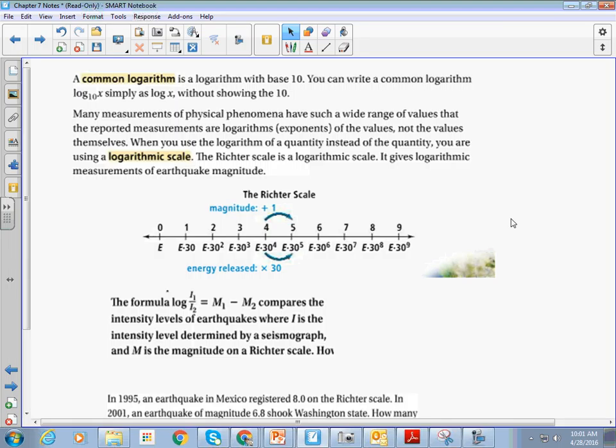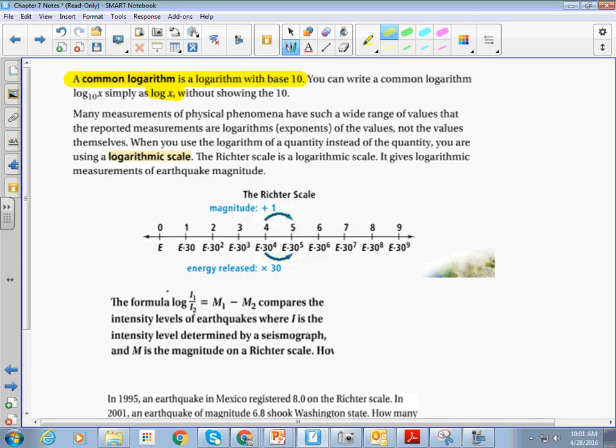A common logarithm has a base 10. We can write a common log as log base 10. Most of the time, we leave off the 10 and we just write log x. So if you don't see a base on the logarithm, it has base 10.